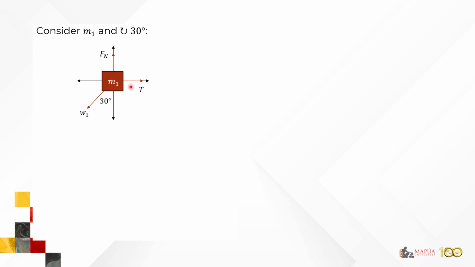That means that the full value of each of these vectors, f sub n and t, the tension, will be the value of the full component of each of these vectors. So we'll only have one vector, which is the weight, weight sub 1, as our vector or force that has an x and y component that we need to solve.